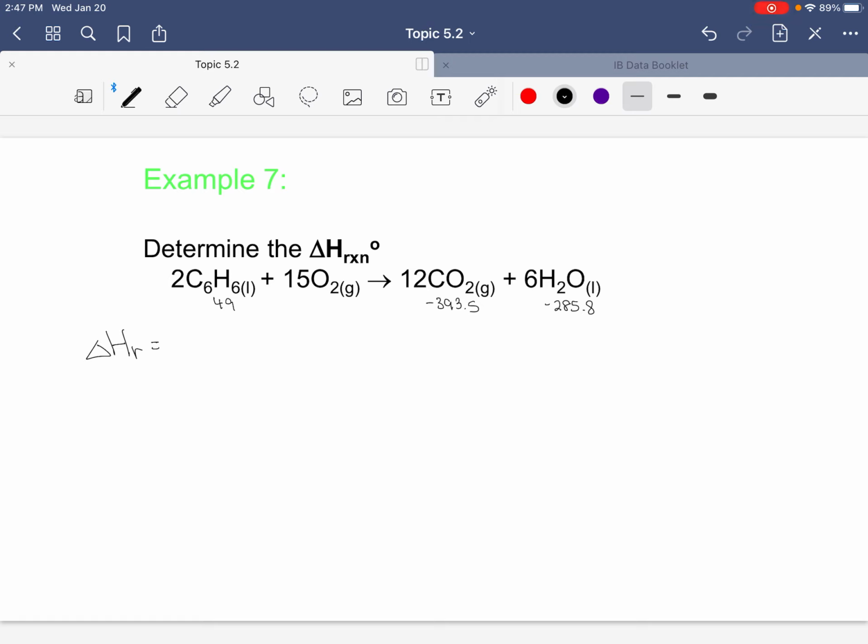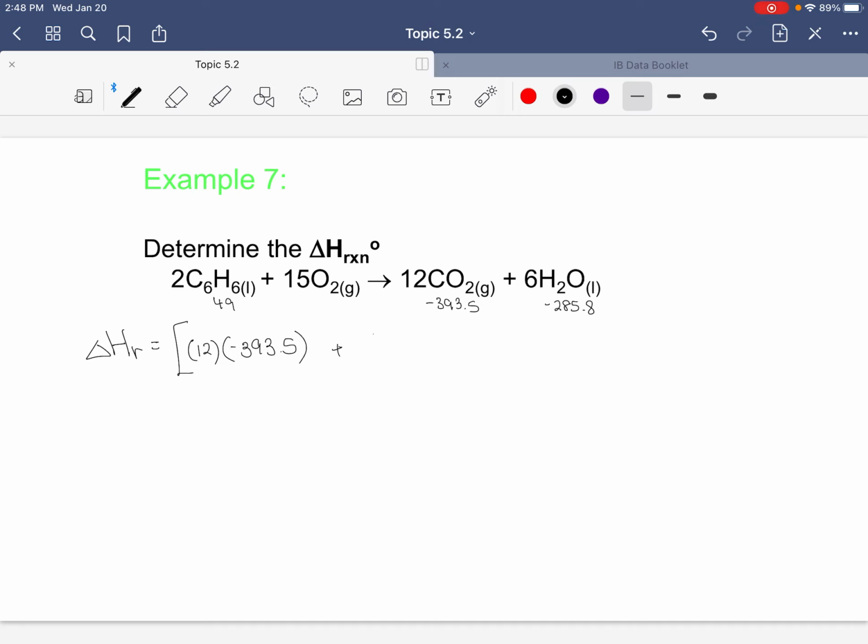Remember I just mentioned that all combustion reactions are going to be exothermic? Look at these numbers, they're negative. Pretty obvious. But I want to know how much. I just want to know how violent this thing is. So let's go. Open bracket. I have carbon dioxide, 12 moles of that at negative 393.5.